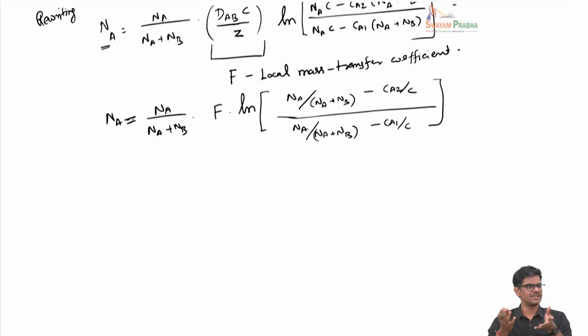From here onwards, if you want to simplify this further, we deal with two cases. One is A diffusing through non-diffusing B, or both A and B counter diffusing. These are two cases that we often encounter in mass transfer. In the case of A diffusing through non-diffusing B, can you think of any example of a mass transfer process? Where do you expect A diffusing but B not diffusing, in terms of operations like absorption, distillation, drying, humidification?